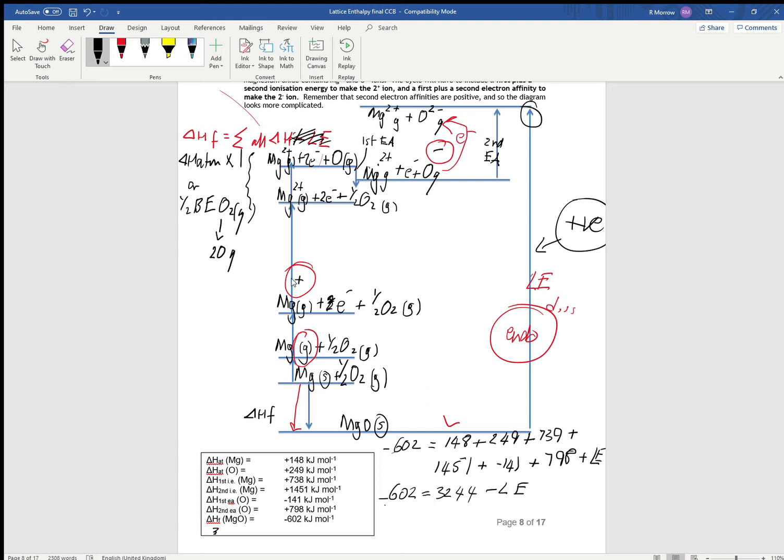I have my lattice enthalpy for my magnesium oxide sitting at 3846, a rather hefty number, and that's kilojoules per mole, and that is endothermic.